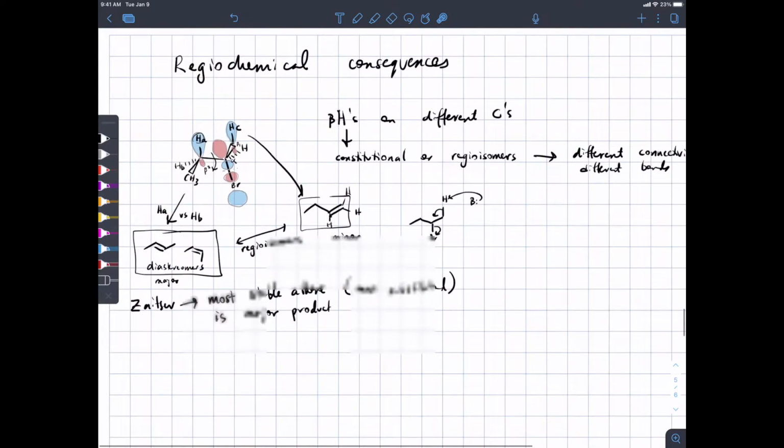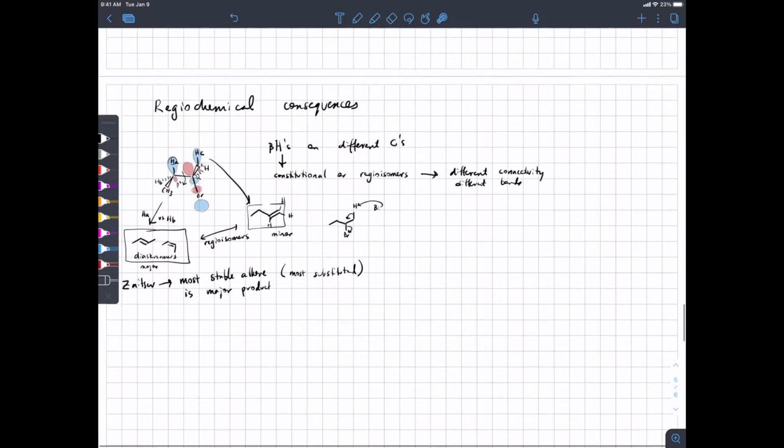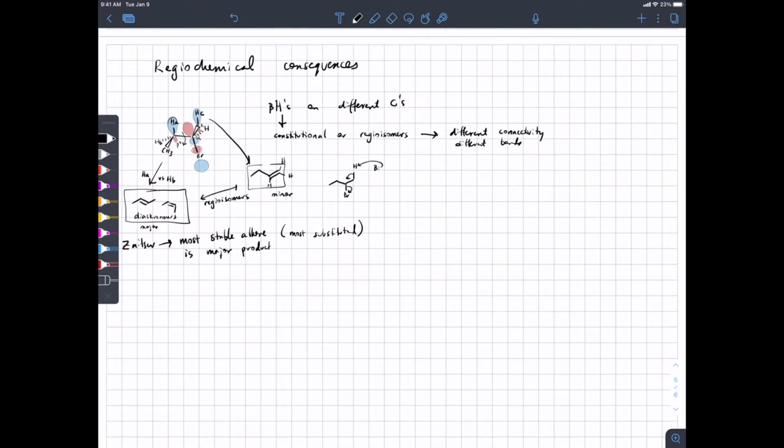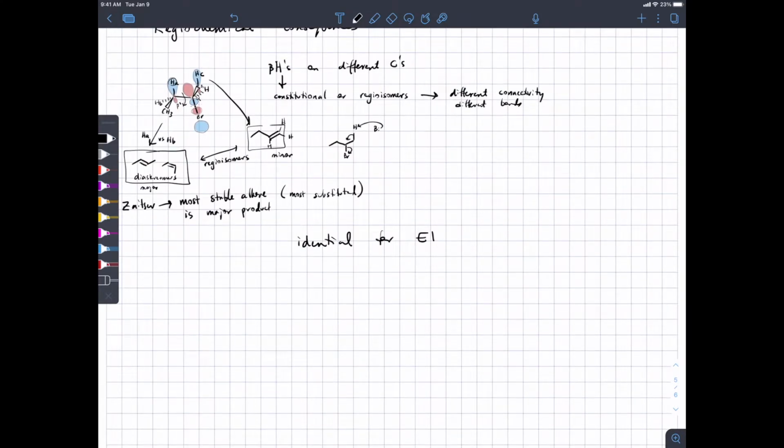Now, the regiochemical consequences of the E2 reaction are going to be identical for the E1 reaction. So we don't need to learn anything new there, other than to say that if we take this same starting material, I'm not going to worry about which stereoisomer it is. Fine, we can worry about it.